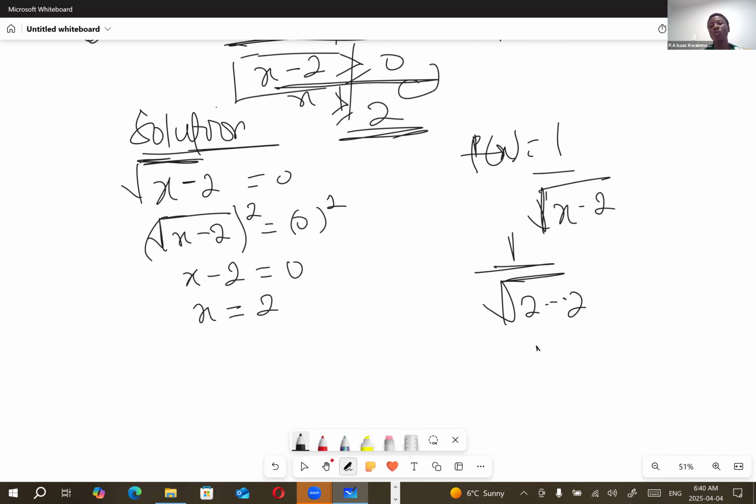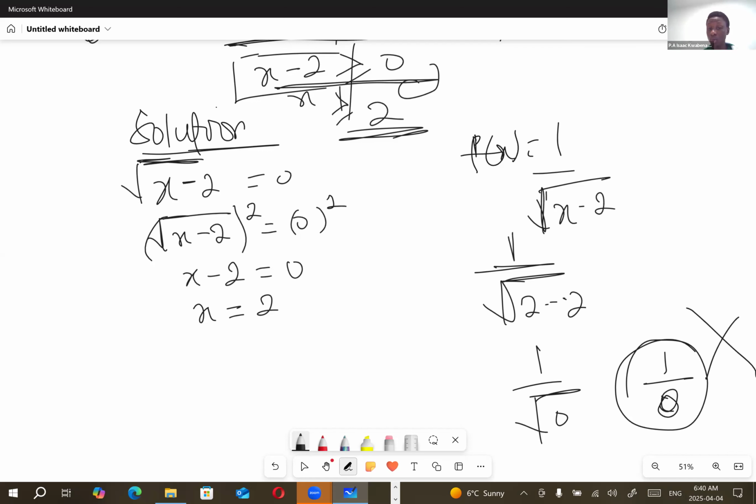That will be 1 over root of 2 minus 2, which is 0. Root of 0 is 0. The denominator has become 0. So it's not plausible.